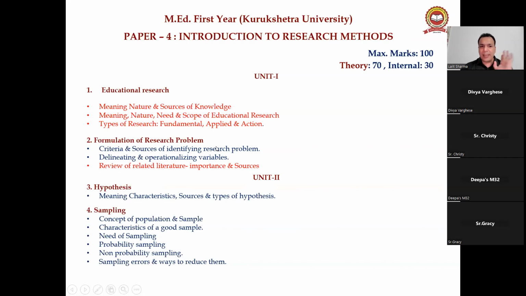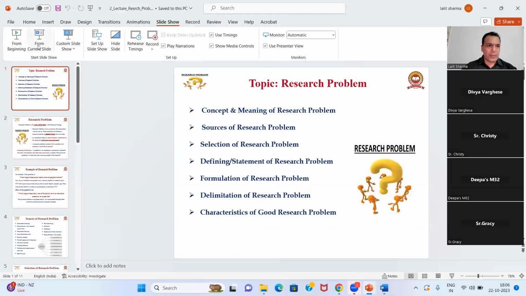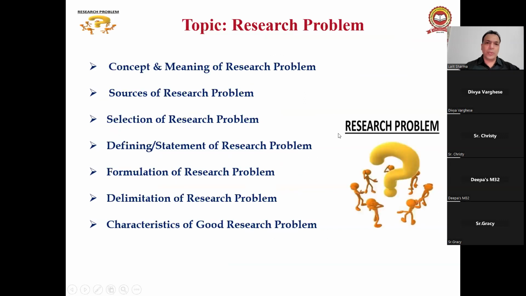So that you will come to know, unit 1, chapter 2, research problems, right, guys? So closing this also, I have come to today's topic, research problem. This comes after the review of related literature.